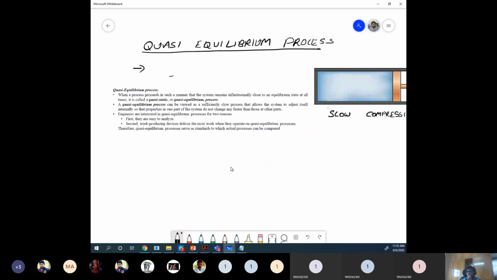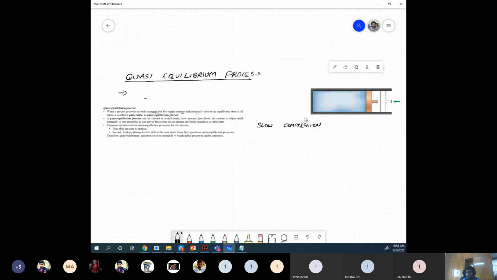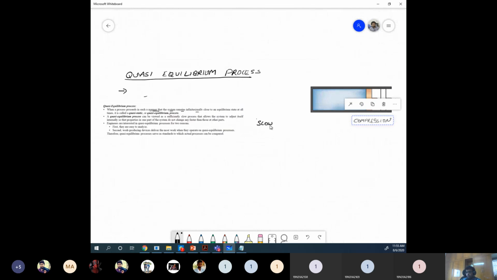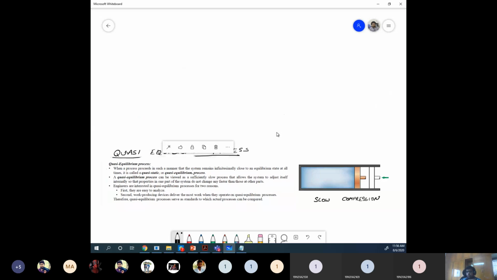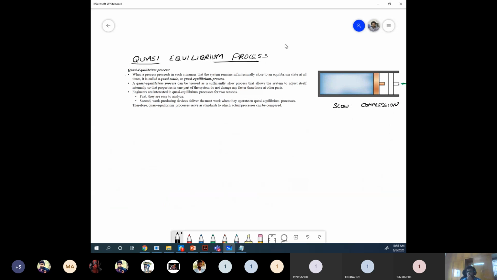So when a process proceeds in such a manner that the system remains infinitesimally close to an equilibrium state at all times, it is a quasi-static or quasi-equilibrium process.